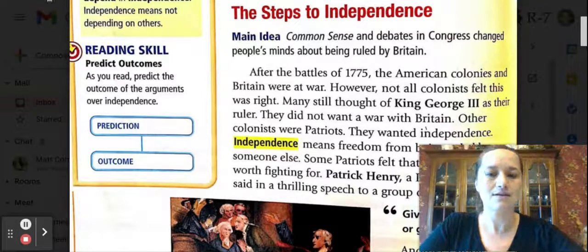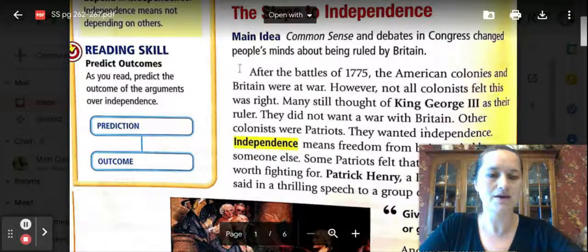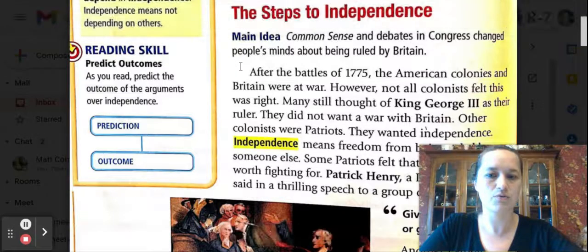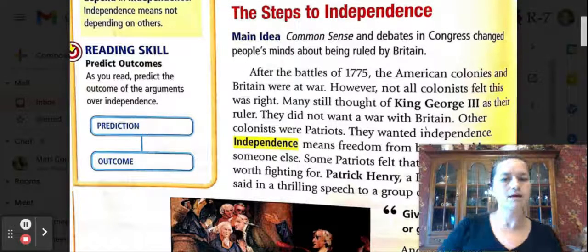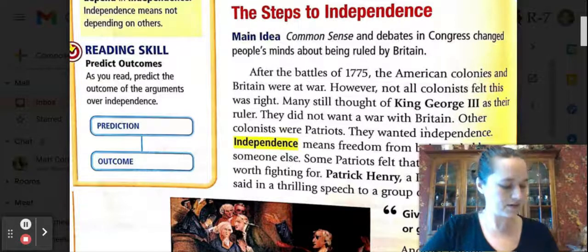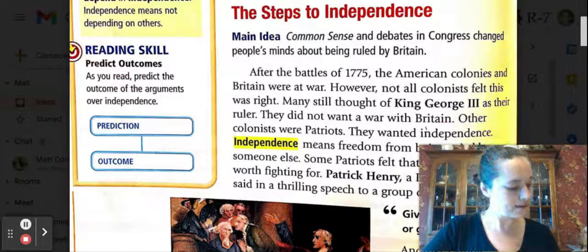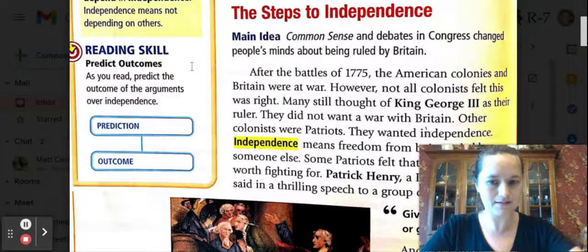After the battles of 1775, the American colonies and Britain were at war. However, not all colonists felt this was right. Many still thought of King George III as their ruler. They did not want a war with Britain. Other colonists were patriots. They wanted independence.